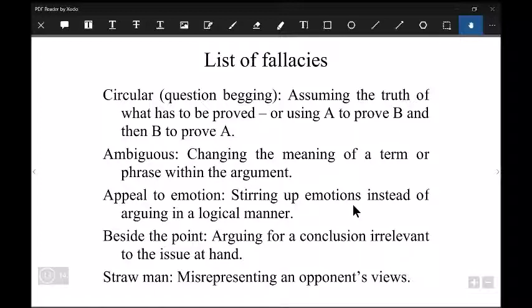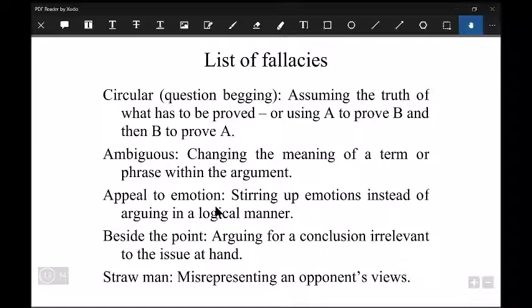It might prove something, but it's not the issue you're talking about. And don't use this idea too broadly. It's not just that the premises aren't relevant to the conclusion. That's not what it's about. It's where you might actually prove something, but it's not the issue that you have to prove.